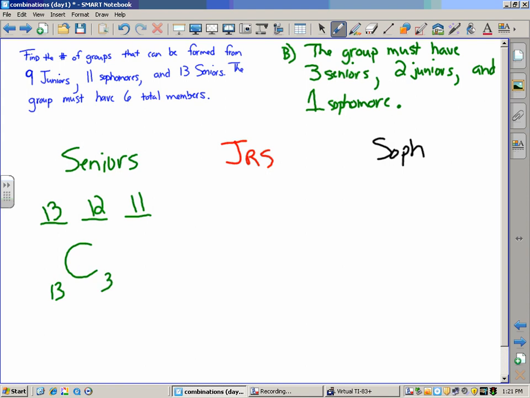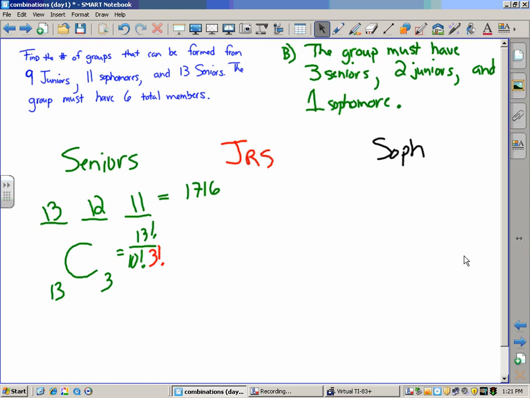So when I'm done here, I'm going to have 13 factorial all over 10 factorial, but I have to divide by what? I have to divide by 3 factorial. I need someone just to multiply 13 times 12 times 11. 1,716.